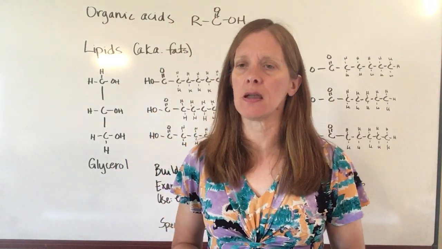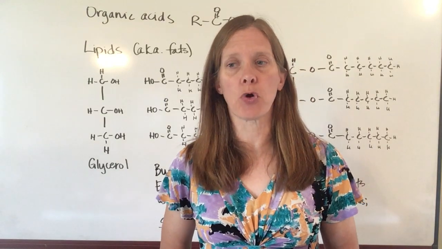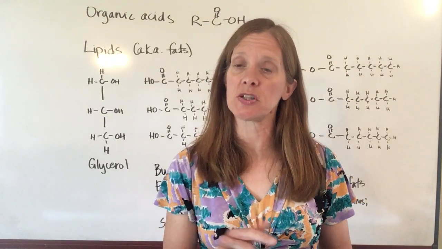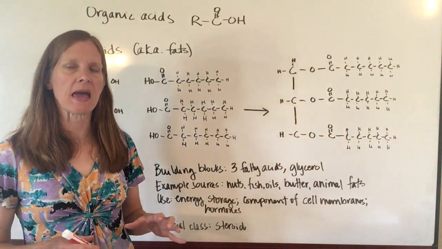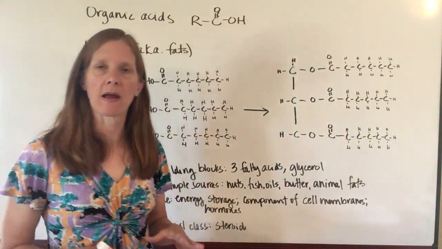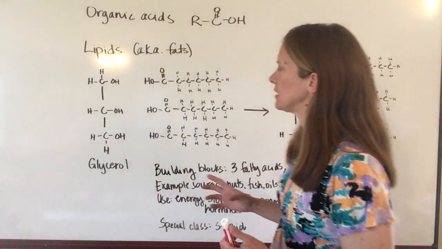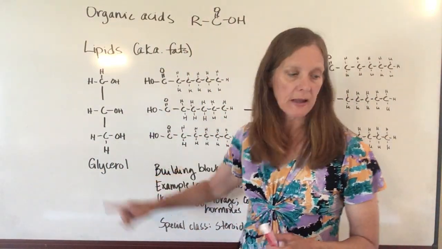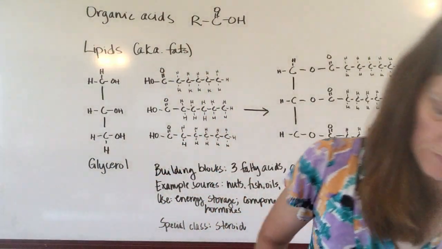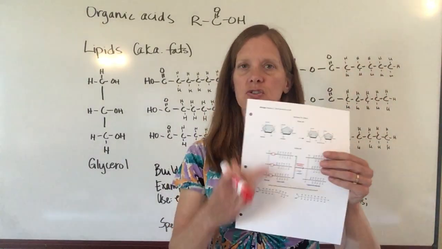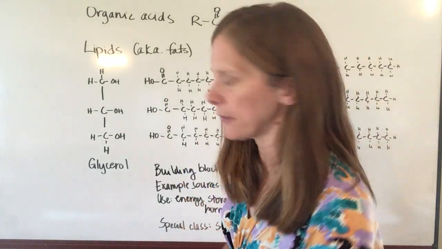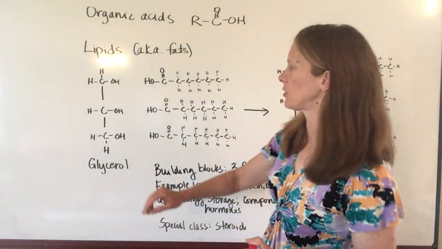And interestingly, these are also formed with the dehydration reaction, just like we talked about the other day. So when I am making a lipid or a fat, I need two ingredients. One is glycerol, and if you've got your sheet for video number 5, you'll see this reaction on the sheet so that you'll be able to see it better.